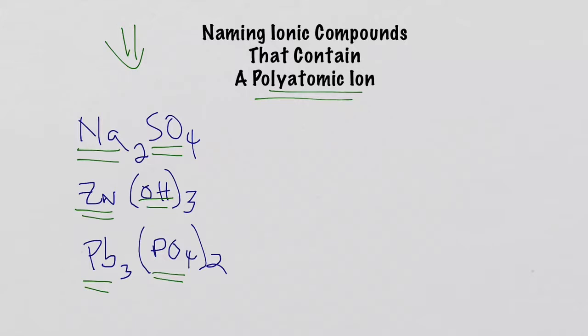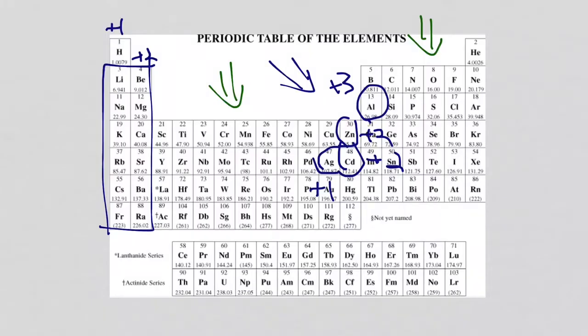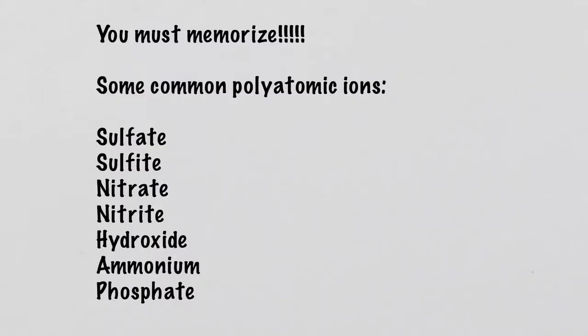When I name compounds that contain polyatomic ions, I'm just going to use the entire polyatomic ion name. Just like when I have a metal that only gives up one number of electrons and I don't need the Roman numeral, the same thing happens with polyatomics. So, you must memorize polyatomic ions and their charges.